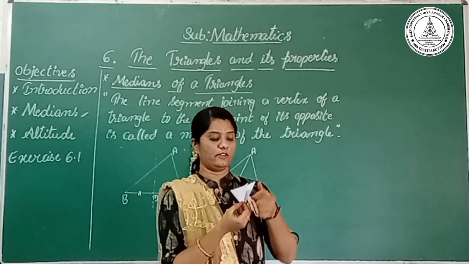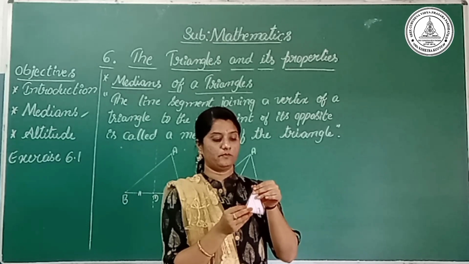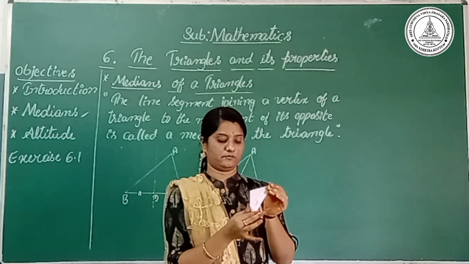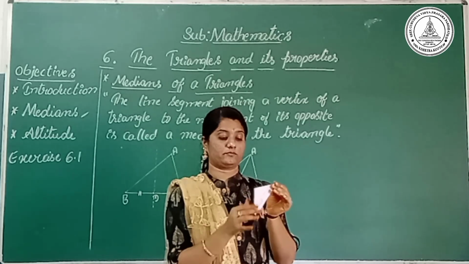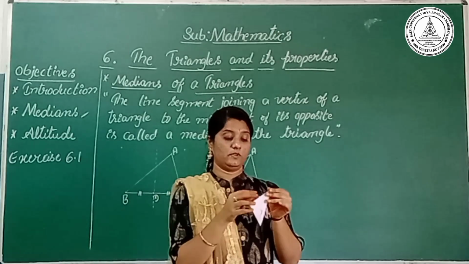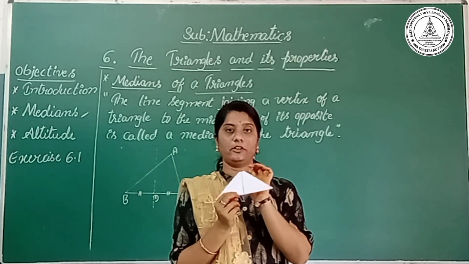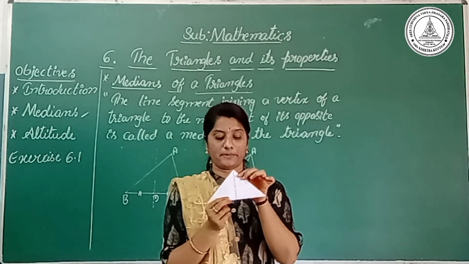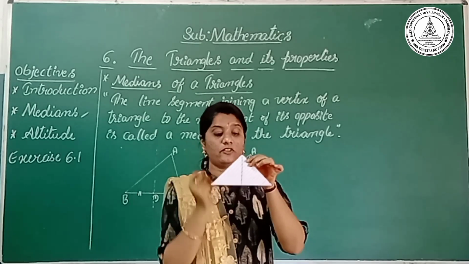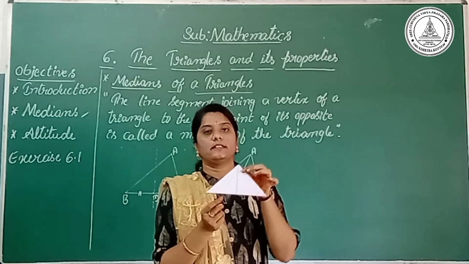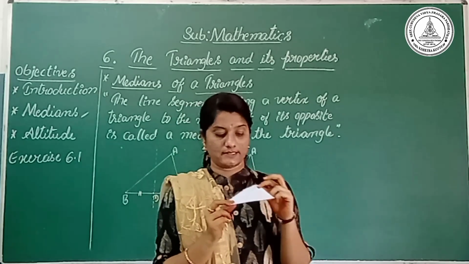Now I will fold this paper. So now I got the perpendicular bisector. We know that a perpendicular bisector is a line which divides the given line segment into two equal parts.